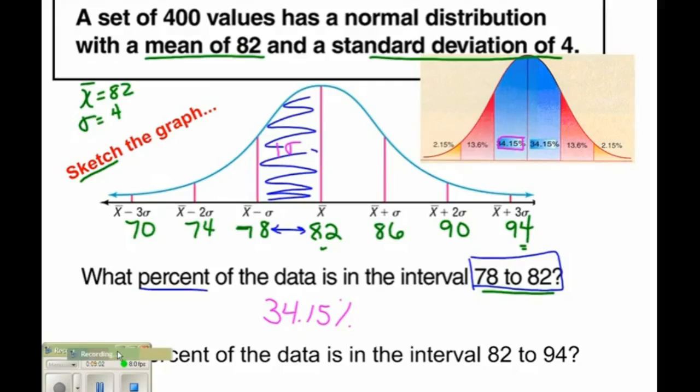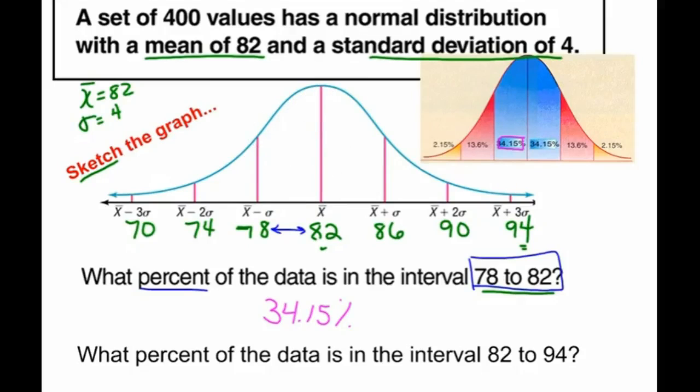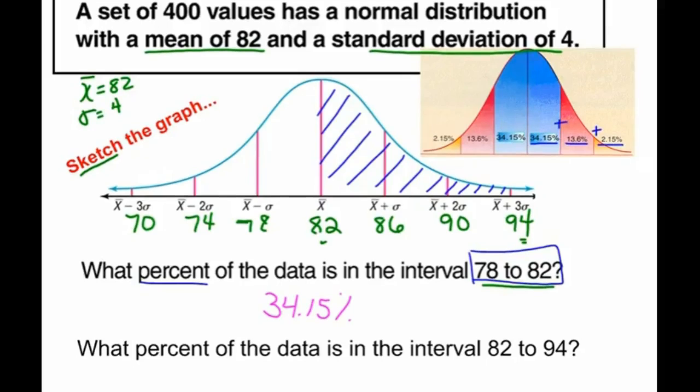The next question, what percent of the data is in the interval from 82 up to 94? I'm going to clean this off. From 82 to 94, we're talking about this region here, which is 3 standard deviations above the mean. So this chart is really of some use. It's very helpful. I would really want to add those percentages together.